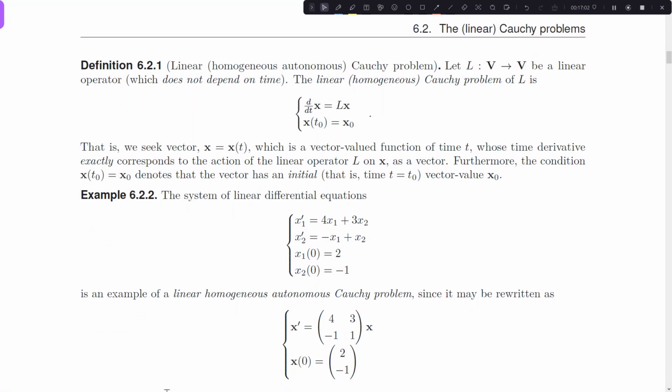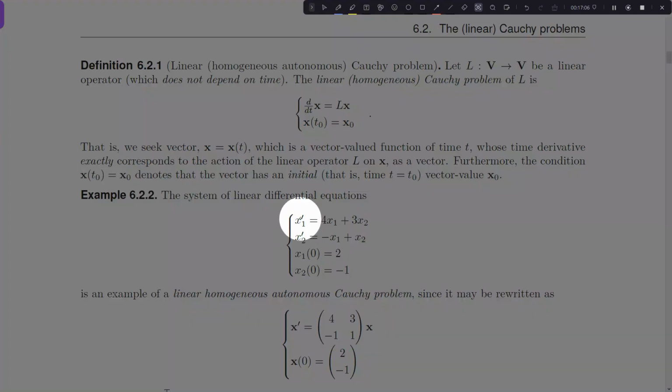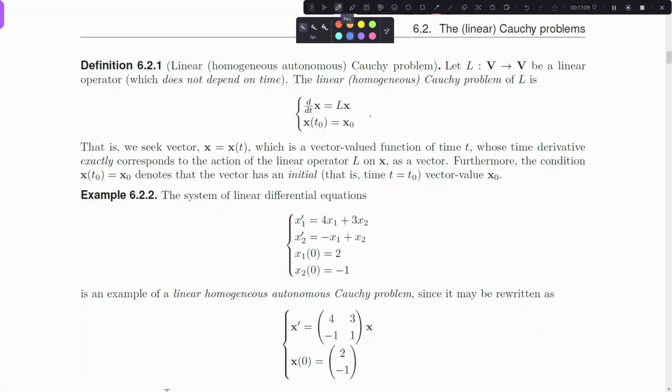Well, we make the understanding that x1 and x2 can be considered together in a vector. Maybe I'll put some vector brackets around them. And then if I consider the left-hand side as a vector and then rewrite the right-hand side as a matrix acting on vectors, this is like x vector prime, this is like M times x vector, I can reinterpret that by just defining my vector x1, x2.